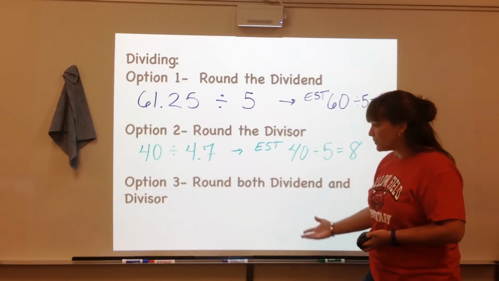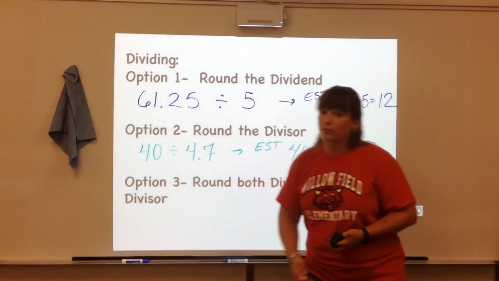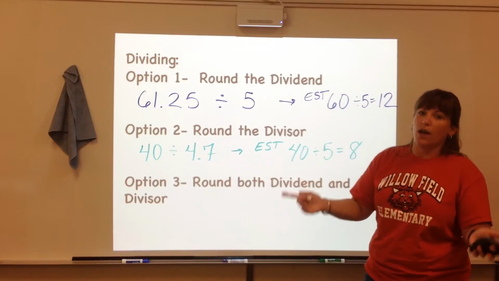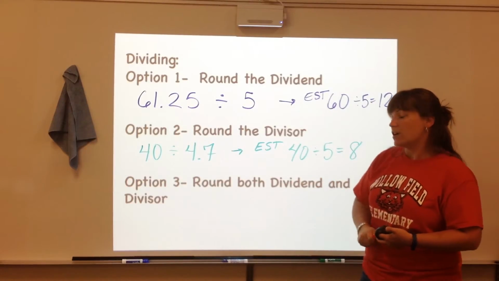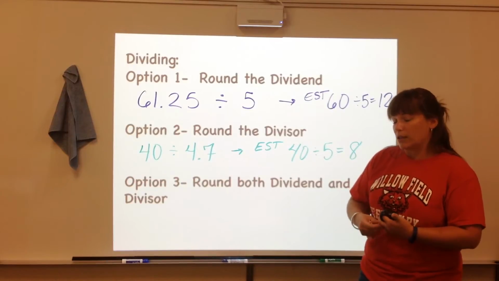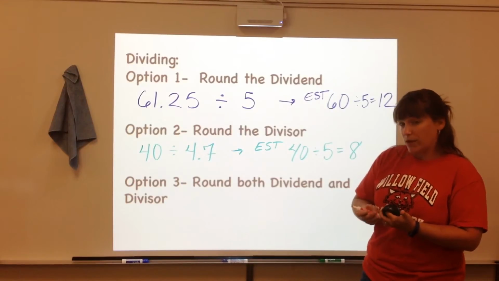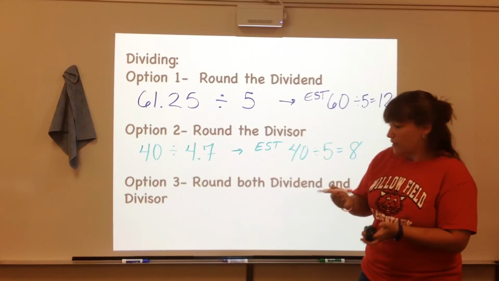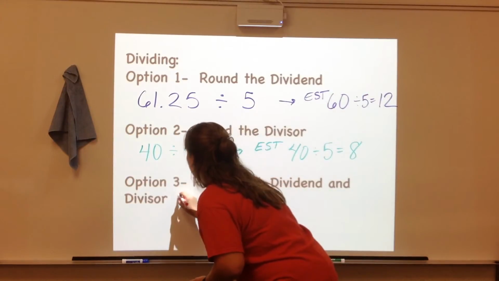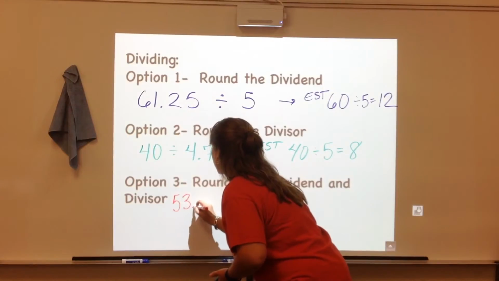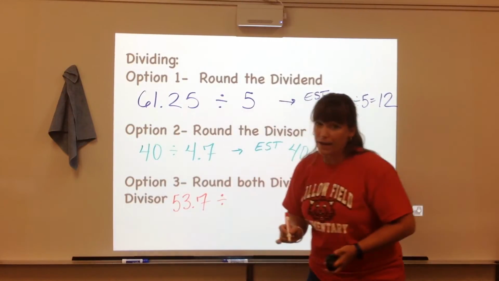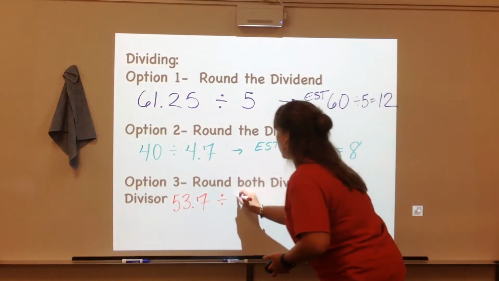There are more than one possible answers depending on how you estimate. The last option is sometimes you're given decimals in both dividend and divisor, and you have to estimate both of those numbers. Again, the more you change it, the less accurate it's going to be, but sometimes we have to manipulate and change both numbers. So this example, we're going to do just 53.7, and we're going to divide that by 2.4.